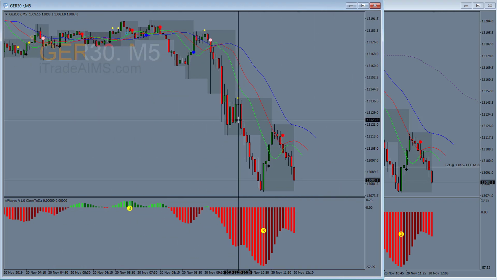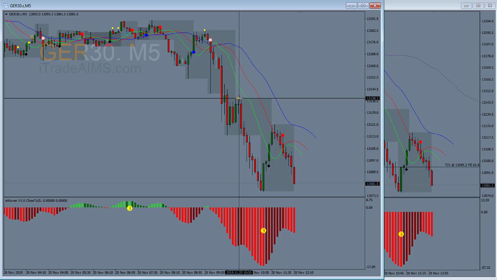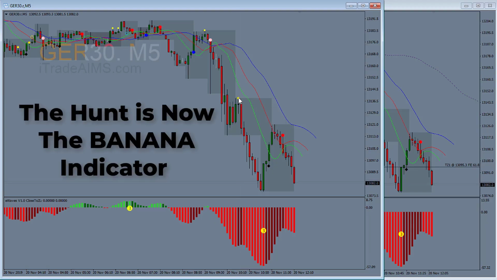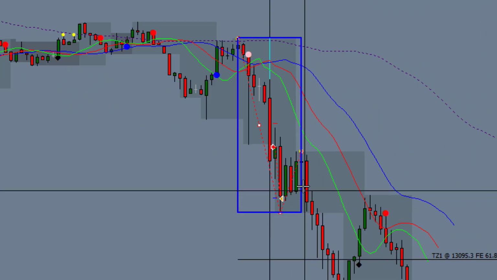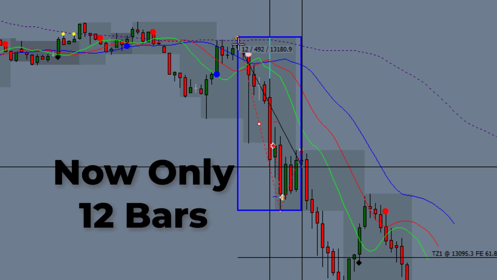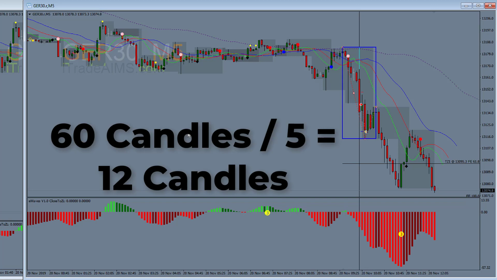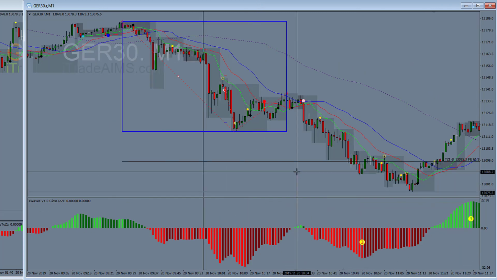See this? And that is where we coded the hunt signals. Now this indicator has a lot of clever code inside. So now if we count the candles, how many are there? There are 12.